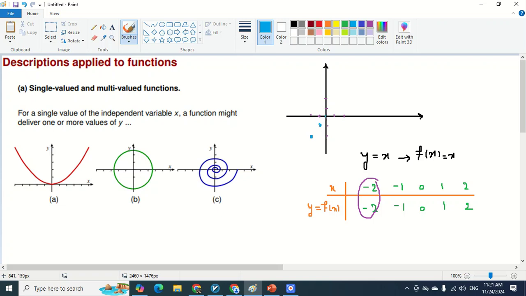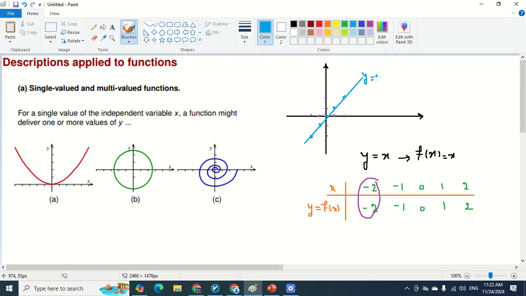So 0, 0 is there, 1, 1 is here, and 2, 2 is there. So we determine the place of these points in the two-dimensional space, and if I connect all of them together, then you realize that it's going to be a line like this, at 45 degrees with the positive side of the x line. So this determines the graph of the function y equal to x.